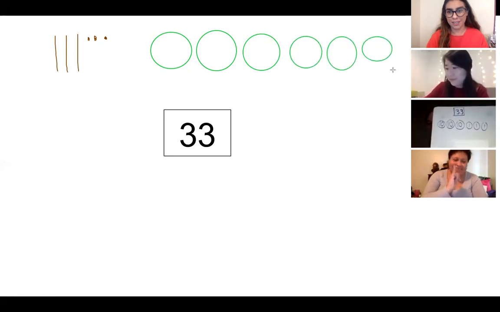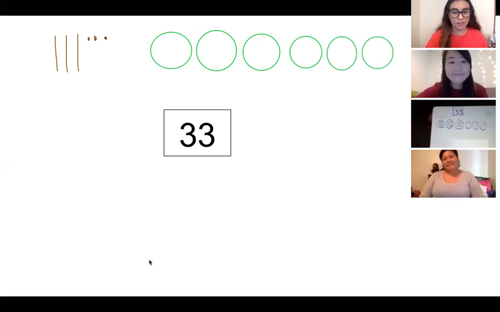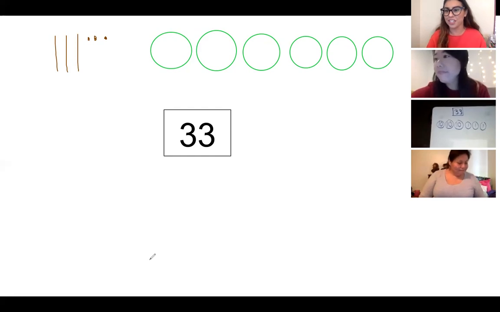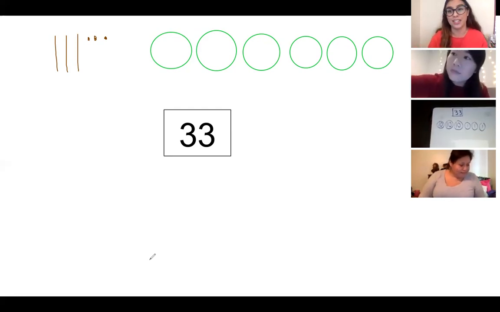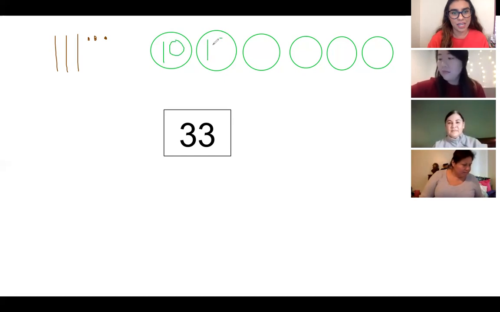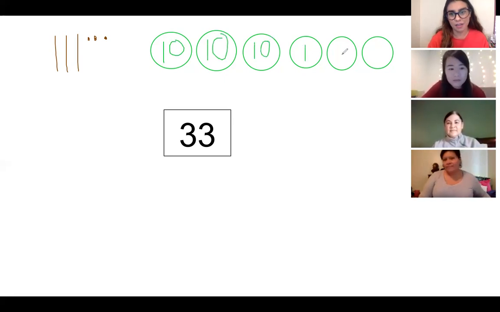Wow, awesome. And that reminds me of counting collections. When we visually represent our counting collections, it seems like that would be a strategy that we can use to count by tens. So we would have like a group of 10, 20, 30, 31, 32, 33.